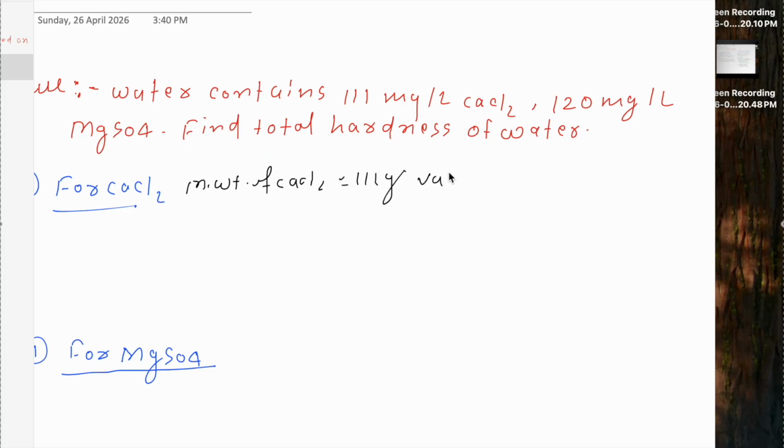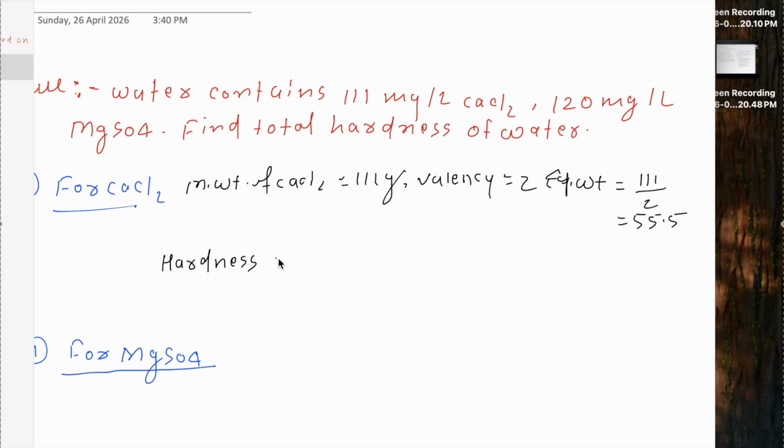Valency is 2. Then the equivalent weight is 111 by 2, which is 55.5.